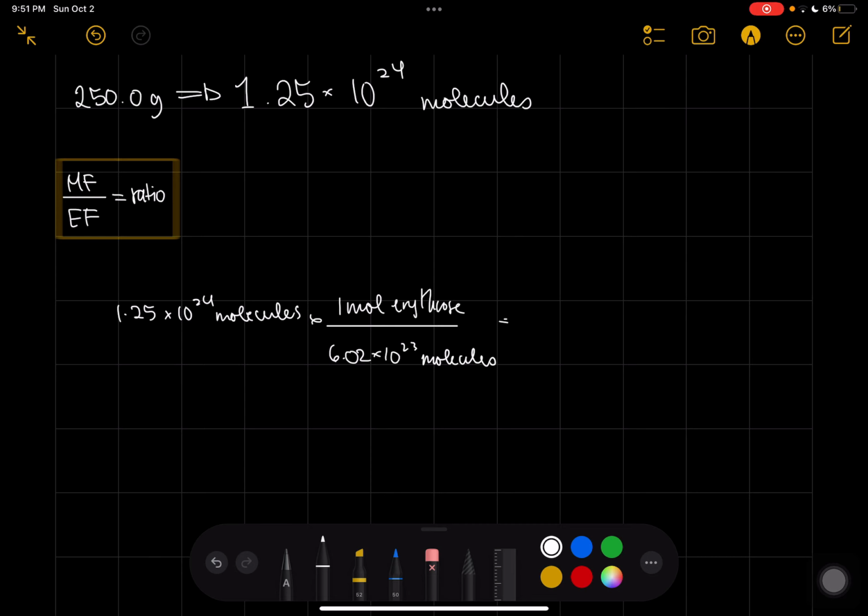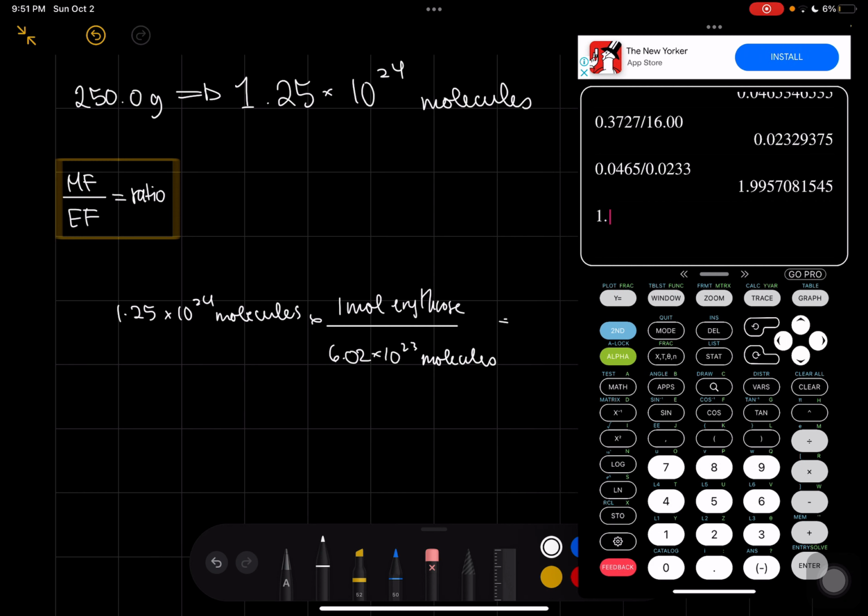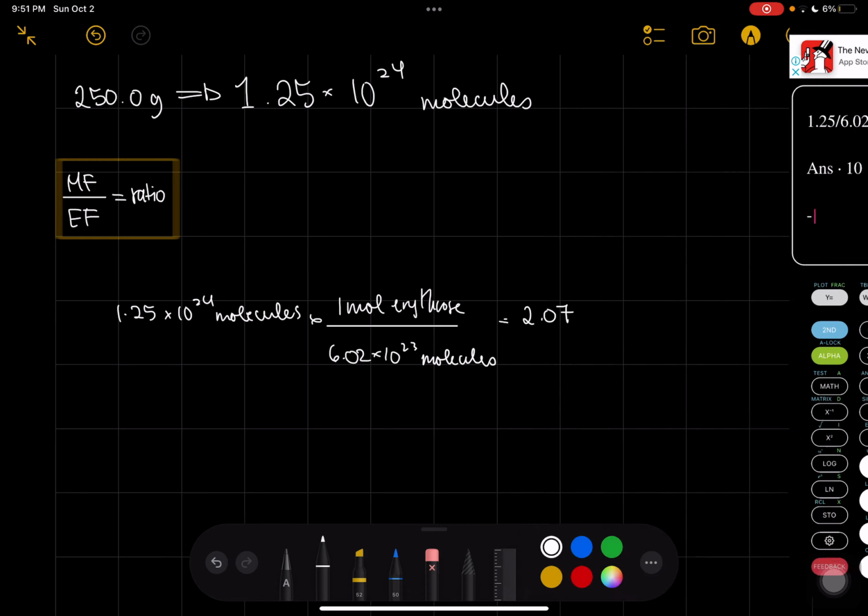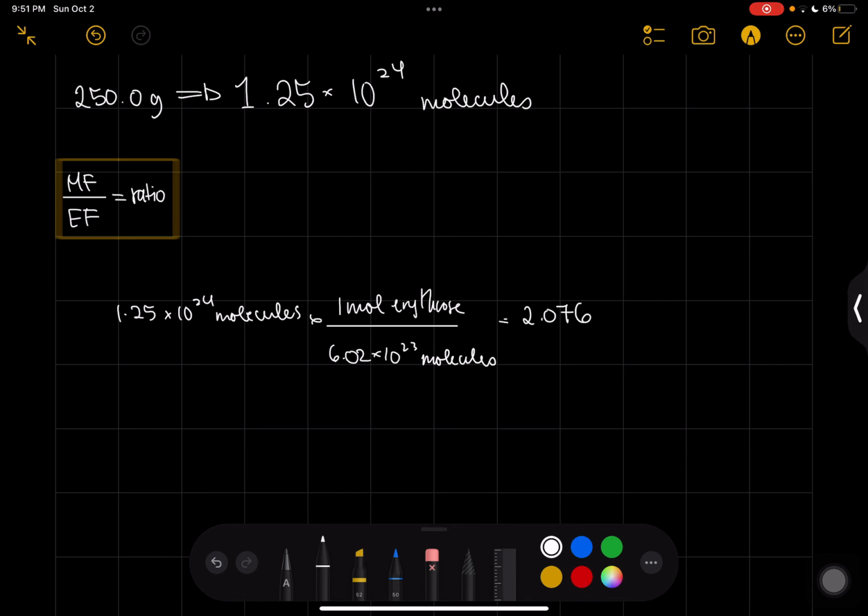Okay. Gotta grab our calculator again. 1.25 divided by 6.02, and then we'll still have 10 left over, so times 10. We'll have 2.076 moles.